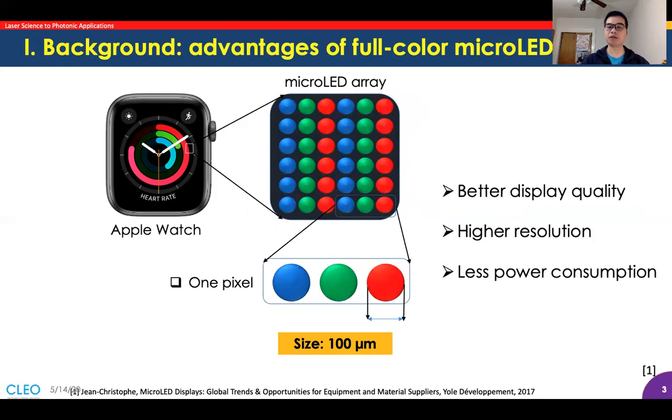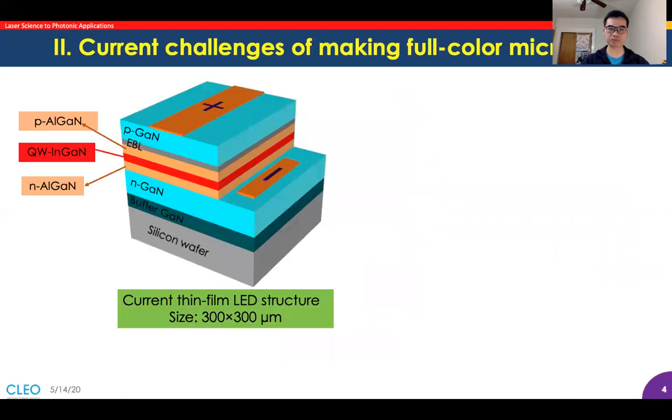This kind of display offers better display quality, higher resolution, and less power consumption. However, there are several current challenges in making full color micro LEDs. Here we can see a typical structure of a thin film LED on the market.